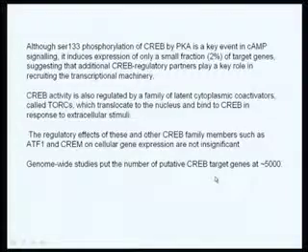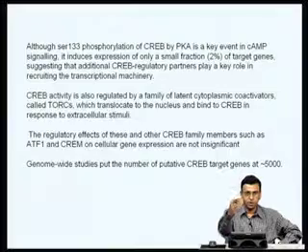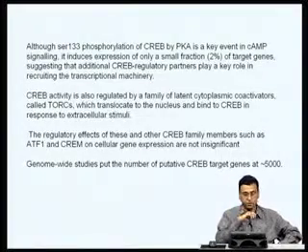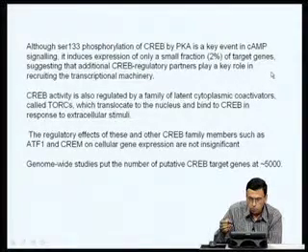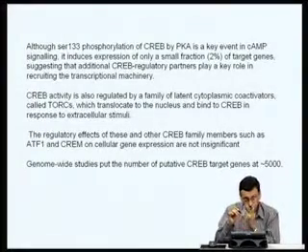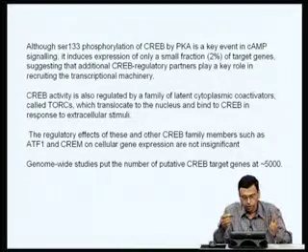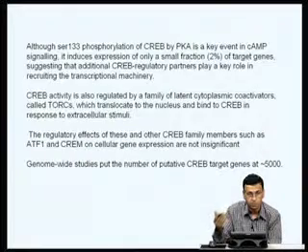Although serine 133 is phosphorylated by PKA, the key event in cyclic AMP signaling is the phosphorylation of serine 133, so that CREB can interact with CBP, resulting in activation of gene expression. But it turns out that this event happens in only a small fraction of target genes, less than 2% of the genes, suggesting that in addition to the phosphorylation of serine 133, interaction of CREB with other regulatory partners plays a very important role in the actual activation of transcription of cyclic AMP responsive genes.